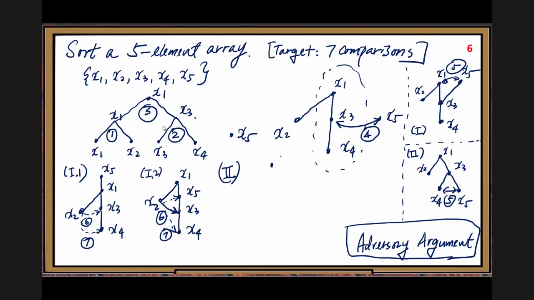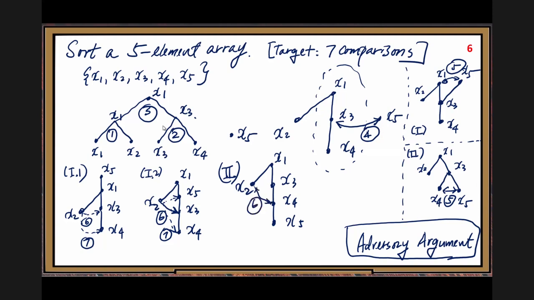So x1, x3, x4, x5, and x2 is here. 2 more, S4, right? Number 6.